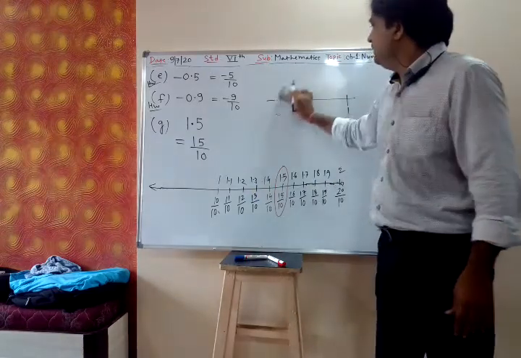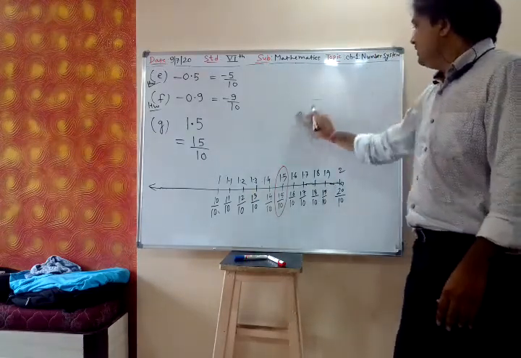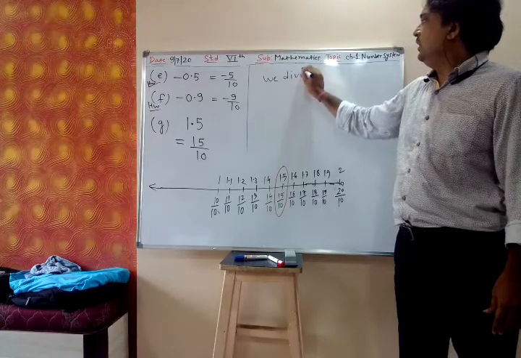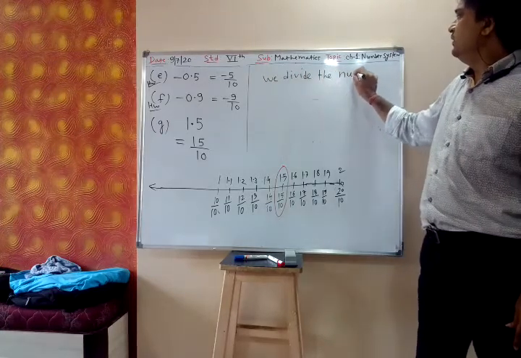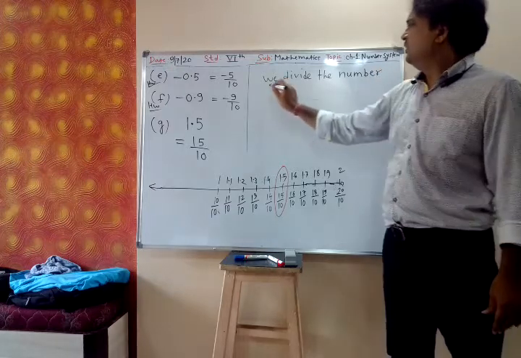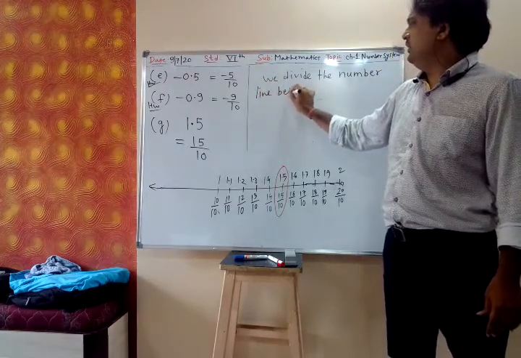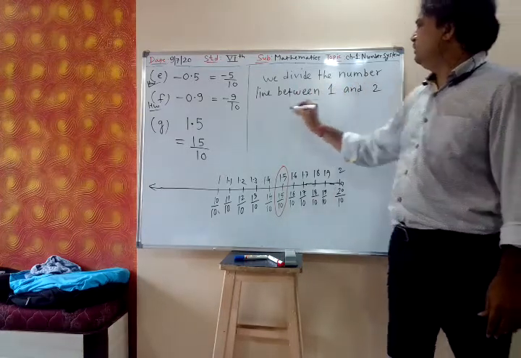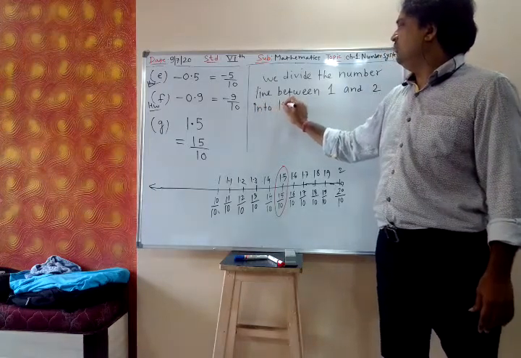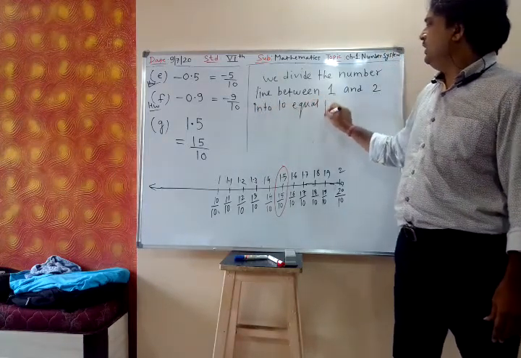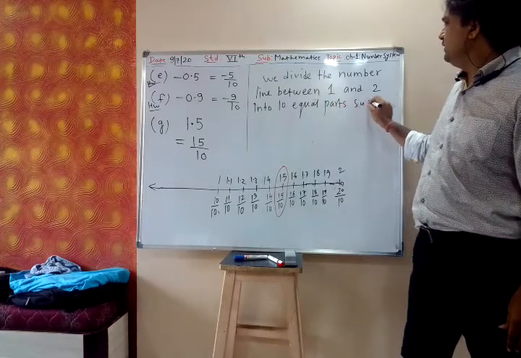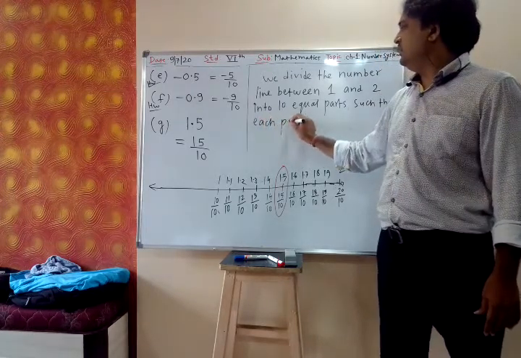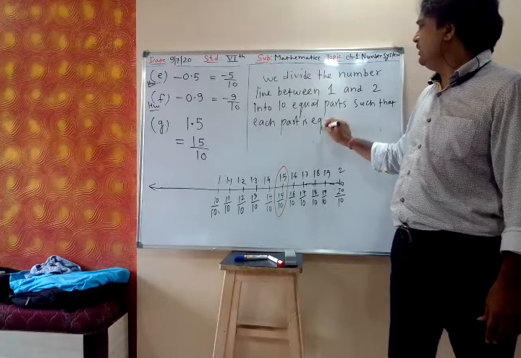So now we write the explanation for this. We divide the number line between 1 and 2 into 10 equal parts, such that each part is equal to 1 upon 10.